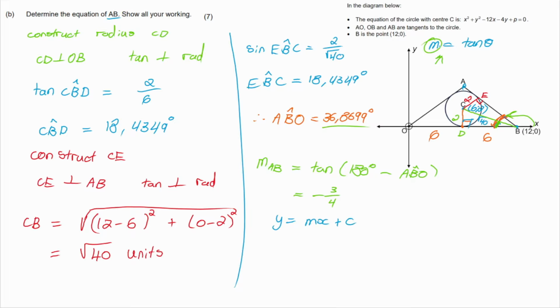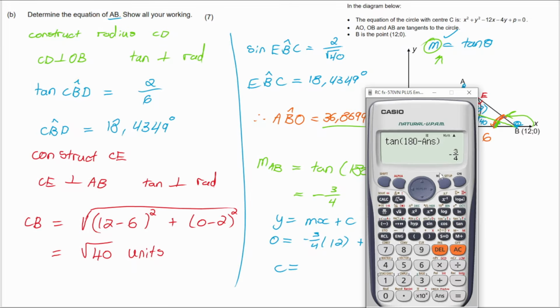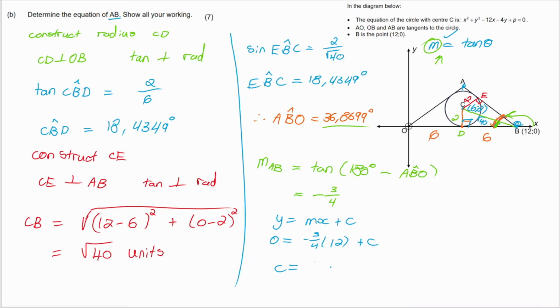I need a gradient and I need a point, so I can just substitute in a point. I'm going to substitute 12, 0. So I get 0 is equal to minus 3 over 4 times 12 plus c. My c is going to be equal to this answer times 12, which is negative 9, but remember that goes to the other side. So c is equal to 9.